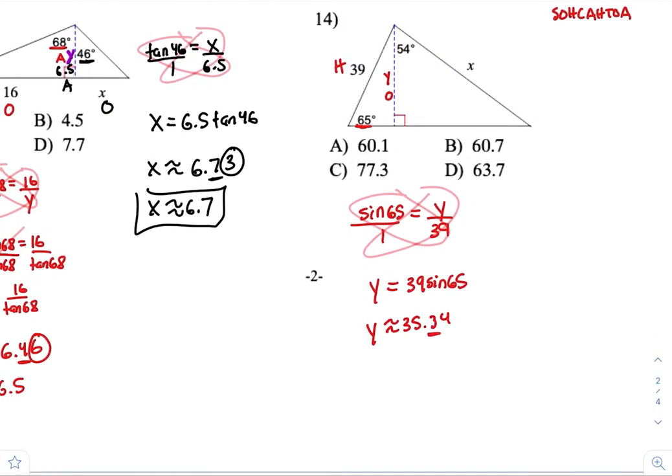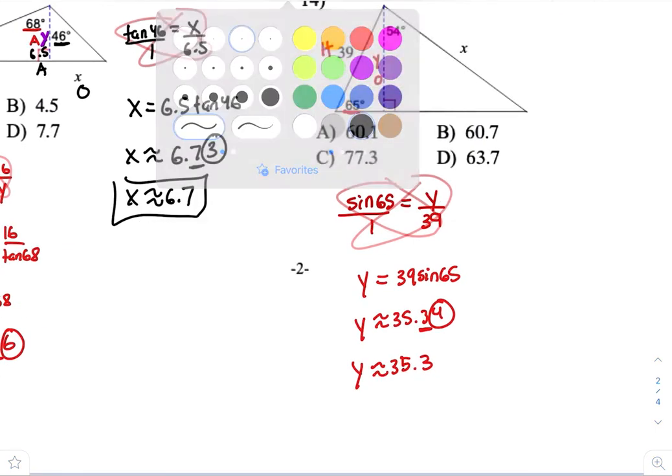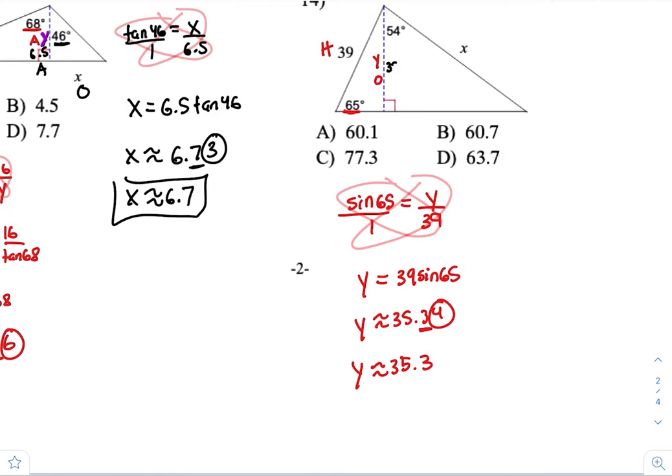Round it to the nearest tenth, so this 4 tells us to stay. So y is roughly 35.3. Gonna write it in black. So this is now 35.3, you guys.